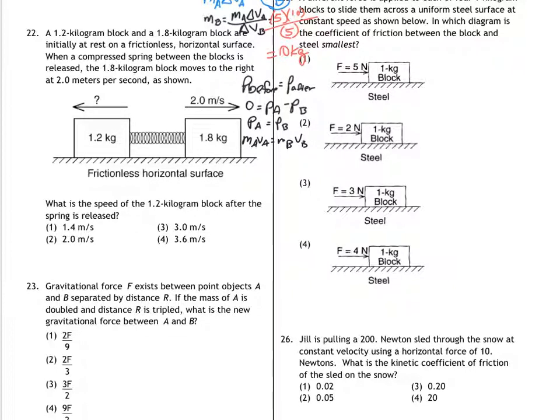We're looking for the speed of the 1.2 kilogram block, so I'll say this one is A and this one's B. We're looking for the speed of A. So that means that VA is MB VB over MA, and MB is going to be 1.8, the velocity of B is 2, and the mass of A is 1.2.